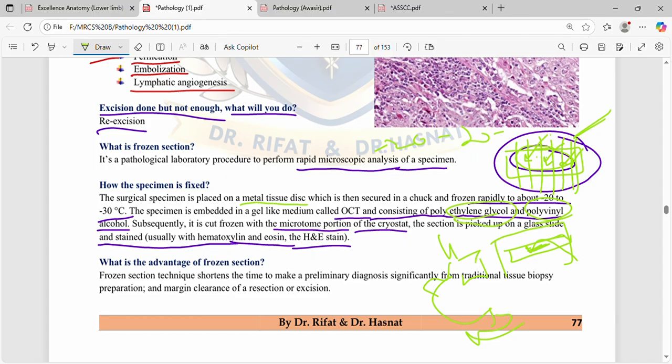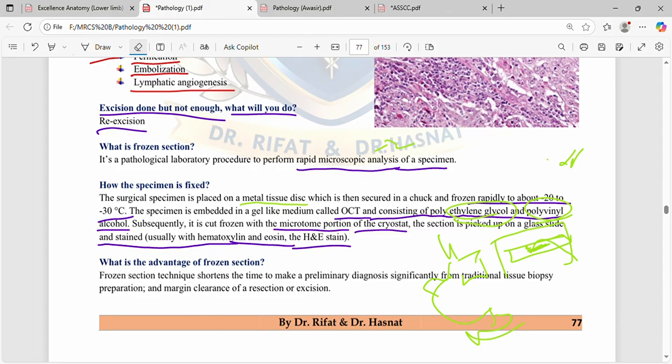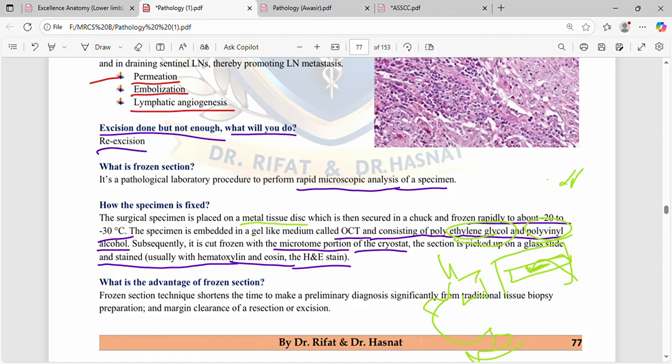So this is how the specimen is fixed. You can easily say in the station that first we take the tissue and put it on a tissue disc, then we freeze it at -20 to -30 degrees centigrade, and then we fix it with a medium, for example polyethylene glycol and polyvinyl alcohol.